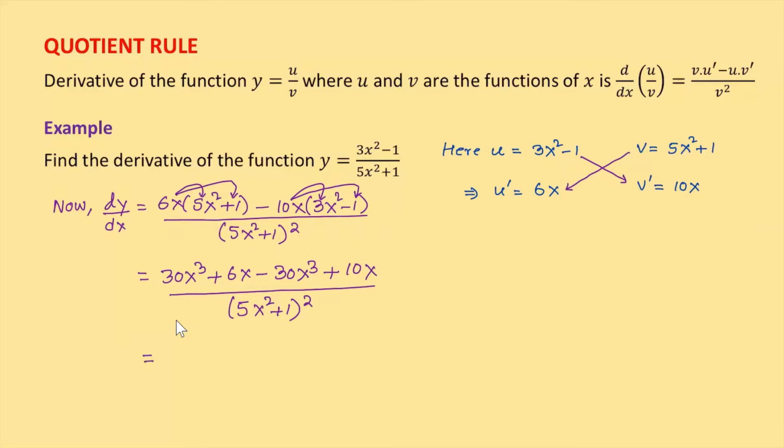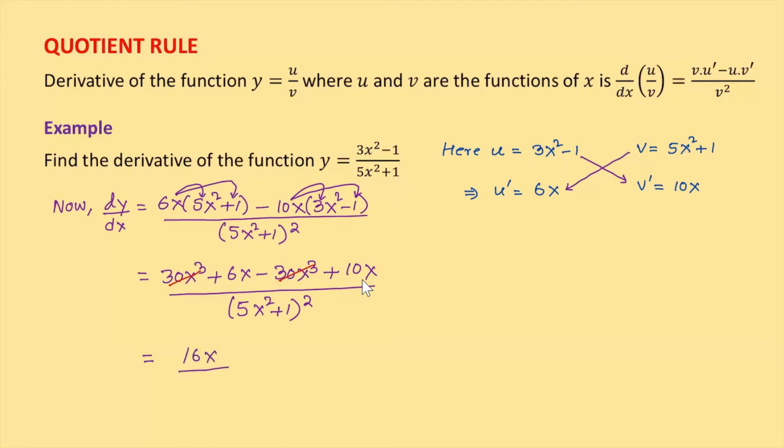Now, if we carefully observe the numerator to combine the like terms, here we have 30x cubed and here we have negative 30x cubed. That means those two get canceled. And then after we cancel that, we have 6x plus 10x, which is 16x.